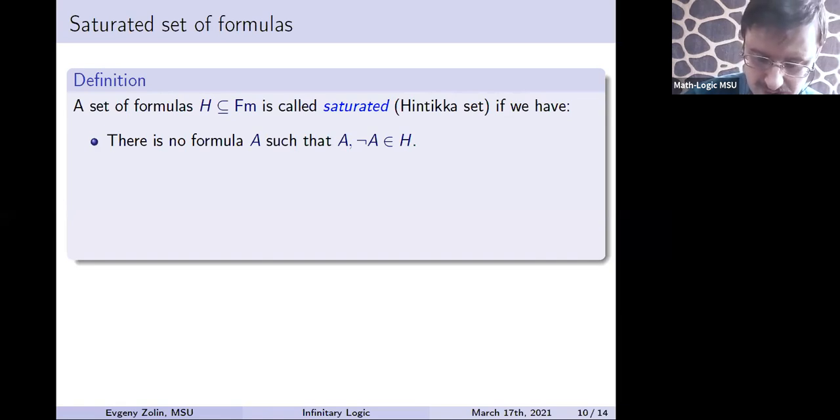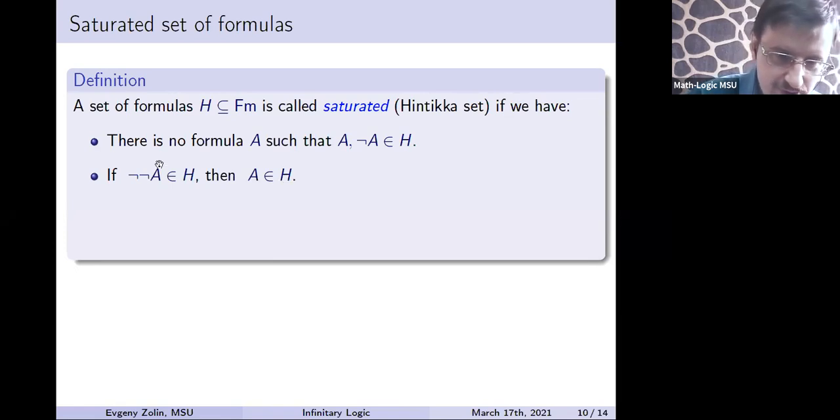If some formula is in our set, then some smaller parts, even smaller parts, are in H, not bigger. So if not not A is in our H, then A is in H, but not vice versa. We only simplify formulas and state that these formulas are in H. We do not build bigger and bigger formulas.